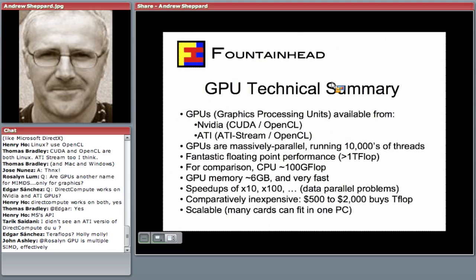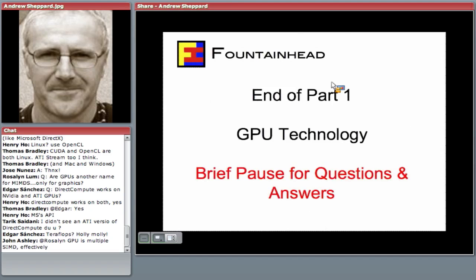NVIDIA also produces compute-only cards for the industrial and business market. They're $1,000 to $2,000, but again, in the scheme of things, this is tremendous power on a per dollar basis.